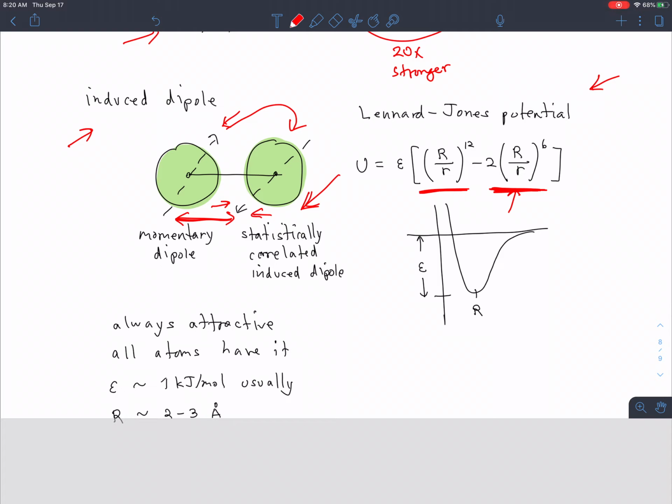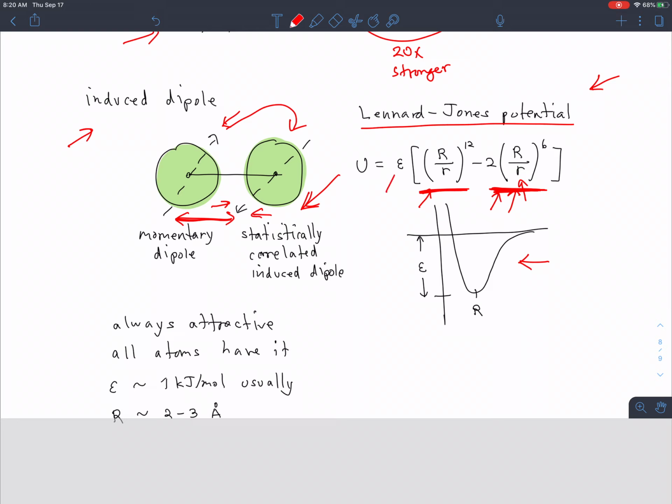But anyway, we call this whole thing the induced dipole interaction, just for short. And it's called the Lennard-Jones potential. It has a 1 over r to the 12th term, a 1 over r to the 6th term. If you plot it as a function of r, you get something that looks a fair amount like the Morse potential. It isn't exactly the same as the Morse potential, but qualitatively it is.